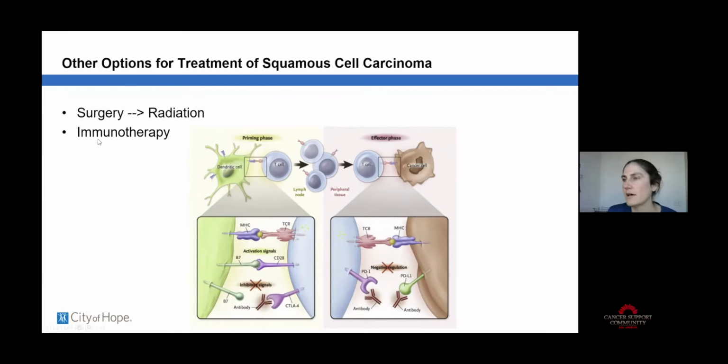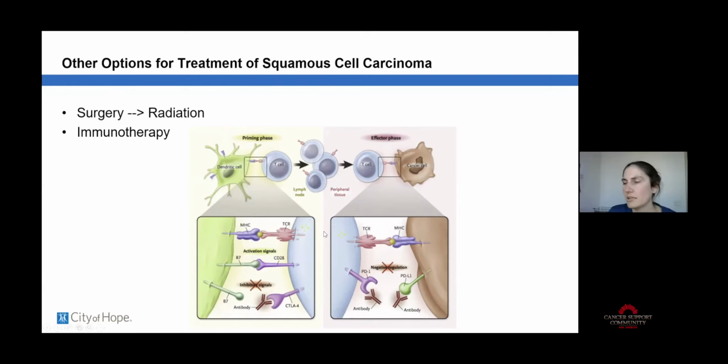And immunotherapy is becoming more of an option for many cancers, but also for squamous cell carcinoma of the skin, particularly in cases that are really extensive or are already metastatic, meaning they've already spread to other areas of the body. The way that immunotherapy works is the agents we have available essentially take the brakes off of our own immune system.